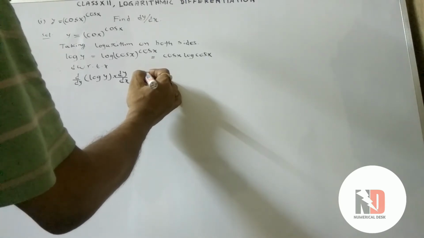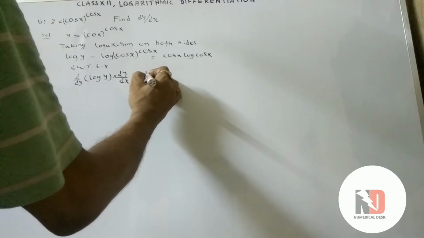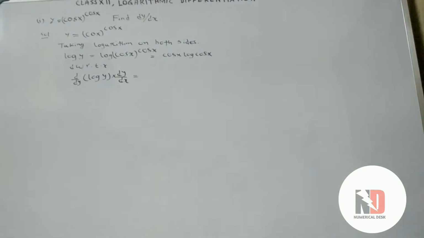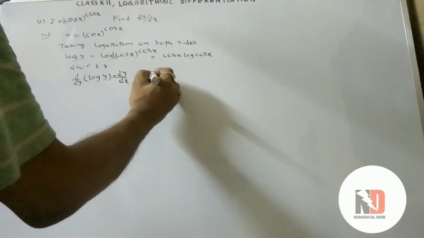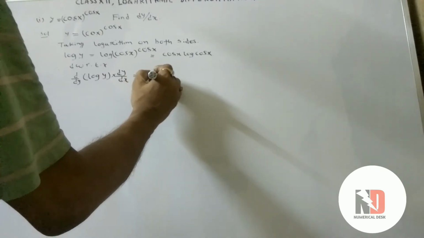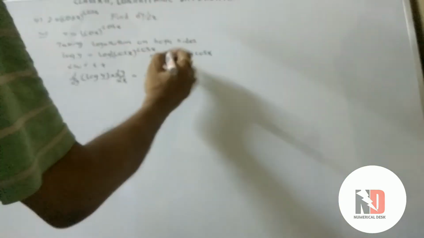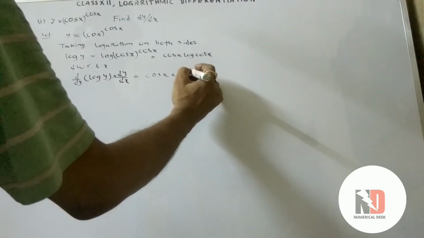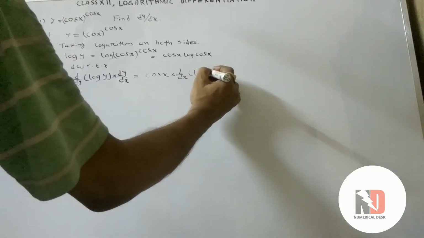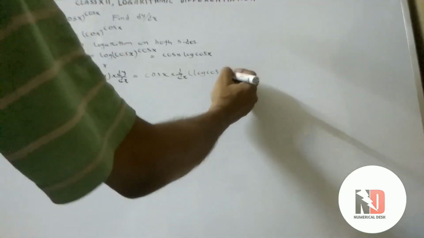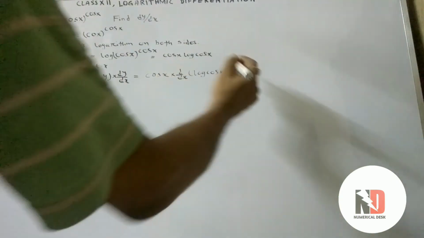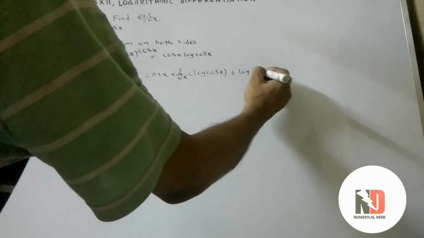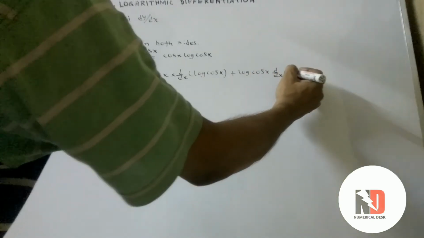On the right hand side, it is the product rule. So first function cos x, let us write cos x, then d/dx of log cos x, plus second function constant, so it is log cos x into d/dx of cos x.